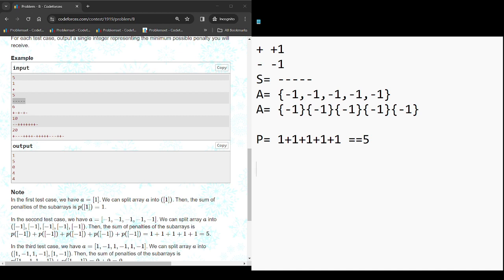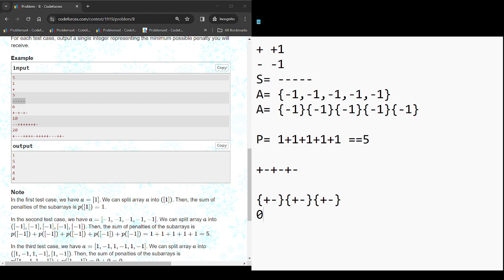Now let's talk about the next test case, this is plus minus plus minus plus minus. You can make arrays of two: plus minus, then again plus minus, and again plus minus.